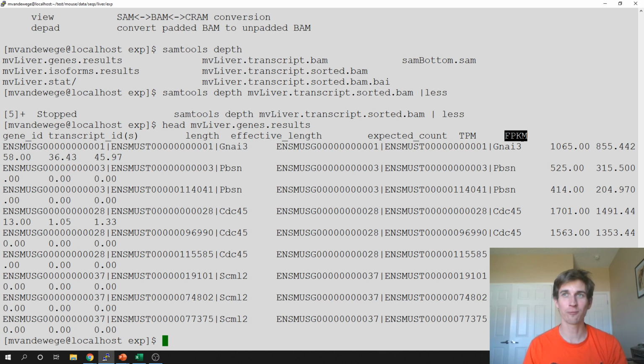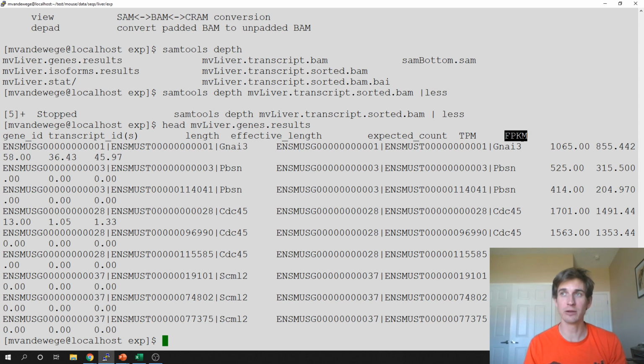So when we say fragments per kilobase million, it's saying how many fragments map to this gene, and this gene is say 3,000 bases. Our kilobase is the length of the gene in thousands of bases. So if we have a 3,000 base pair gene, we denote that by 3.